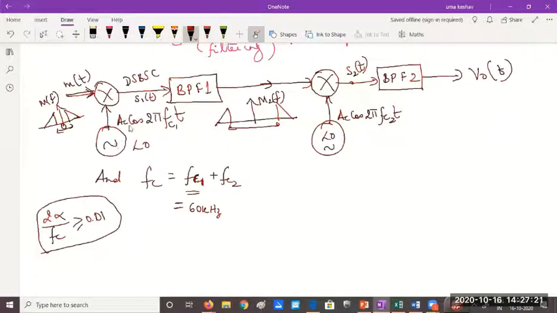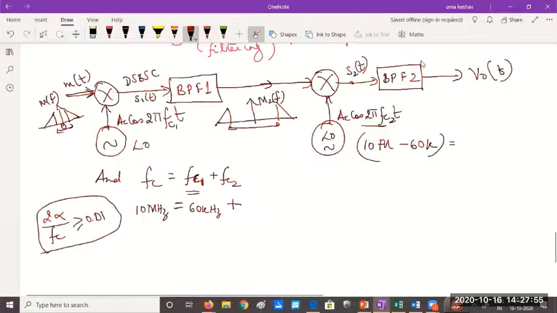So I will take the first filter's local oscillator as 60K, and I want the total carrier as 10 megahertz. So what would this FC2 be? How much should I generate for this second oscillator? It is 10 mega minus 60K, right? So you can calculate and see how much that is. 10 mega minus 60K should be the frequency generated for the second filter.